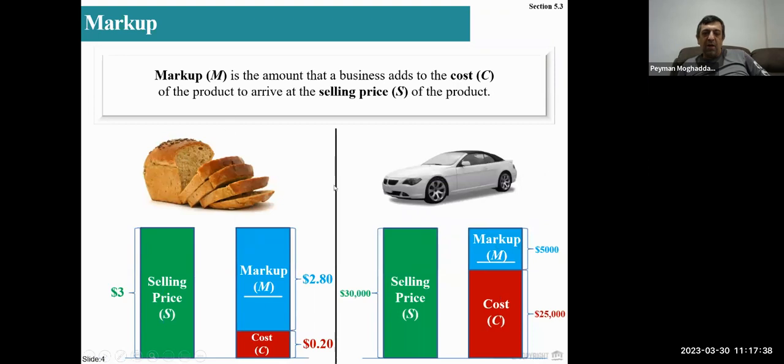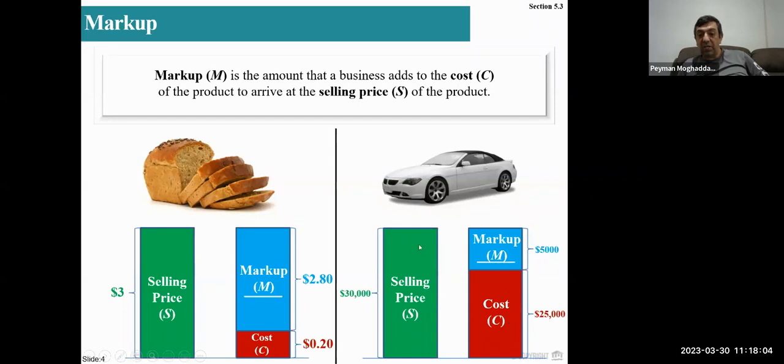Okay, and for some other examples of markup, for this loaf of bread, the markup is very significant, right? Comparing the markup to the cost, markup is like 14 times the cost. Okay, but in the case of a car, markup is not that significant compared to the cost of making it.